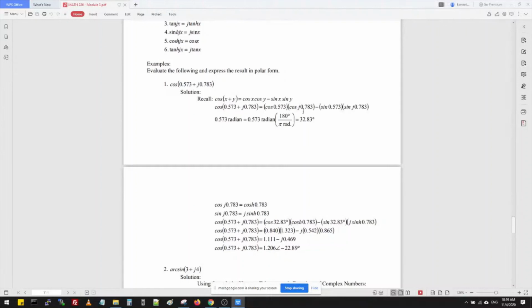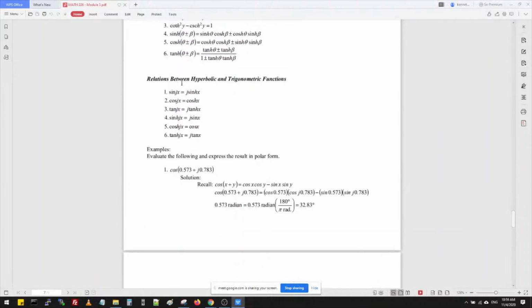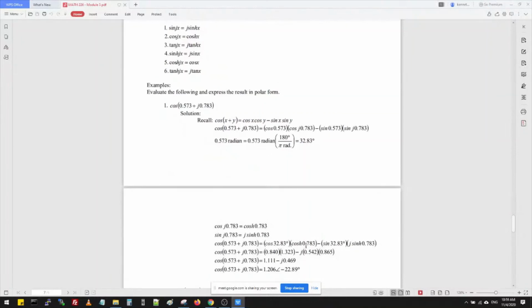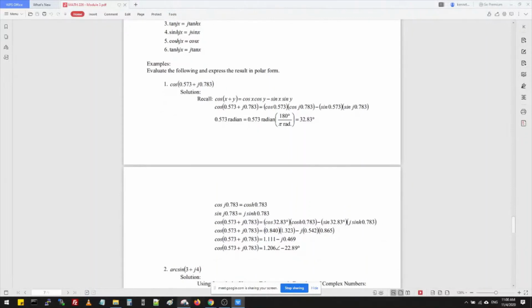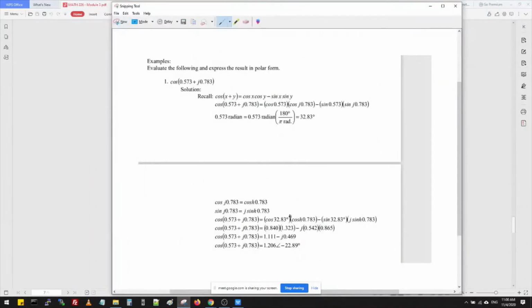What is the equivalent of cosine jx? If we get the relations between the hyperbolic and trigonometric functions, cosine jx is just equal to hyperbolic cosine of x, cosh x. So in this case we use cosh of 0.783.